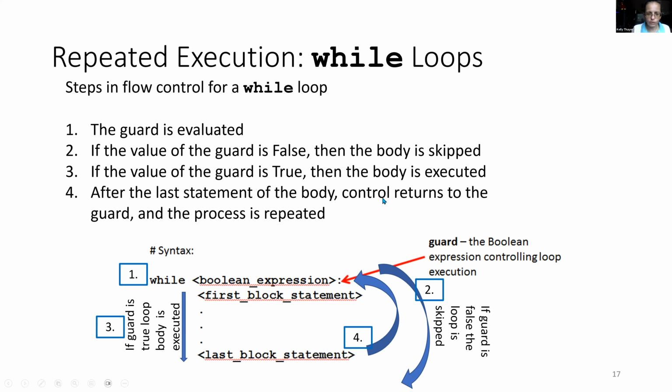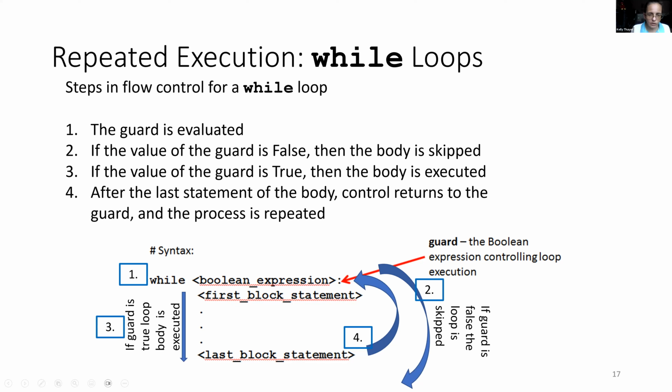So this just shows the flow control in the loops. So here we have a while and some Boolean expression, right? This is how it's going to be. First of all, the guard will be evaluated. Then if the value of the guard is false, then what's going to happen is that the body would be skipped, right? So you'll just jump over it and that would be the end.